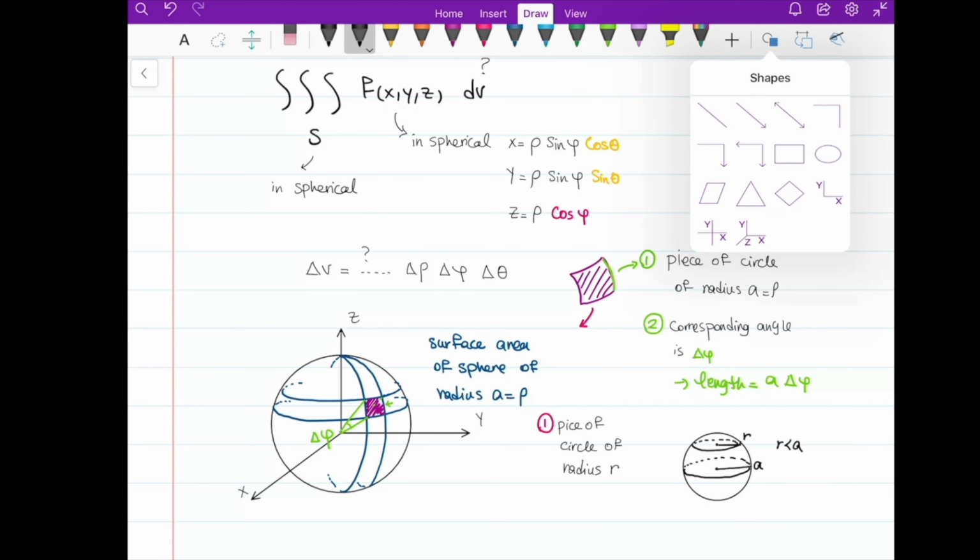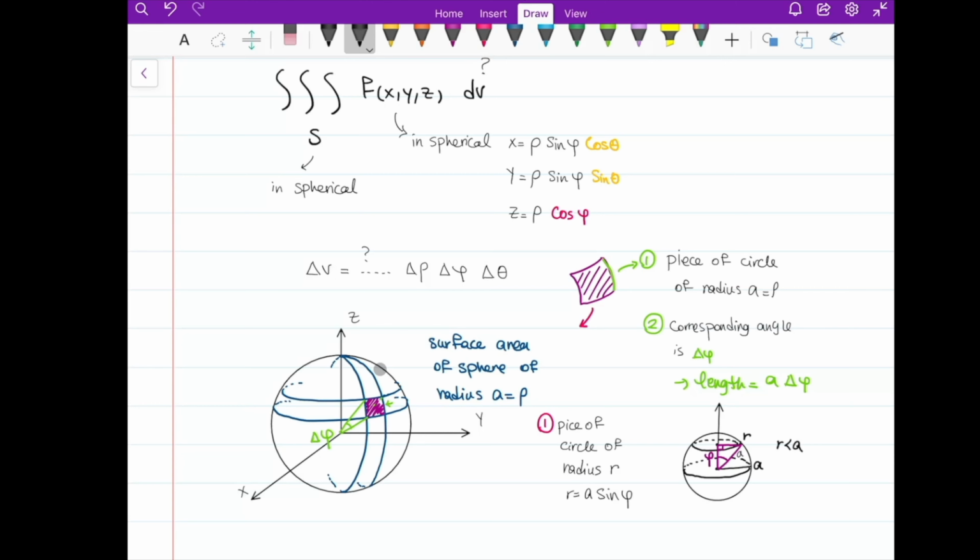Now let me graph the z-axis. I just want to think about the way to calculate r. This angle that I have in here is phi. Considering the right triangle that I have in here, I can say that r is equal to a, the hypotenuse, times sine phi, right?